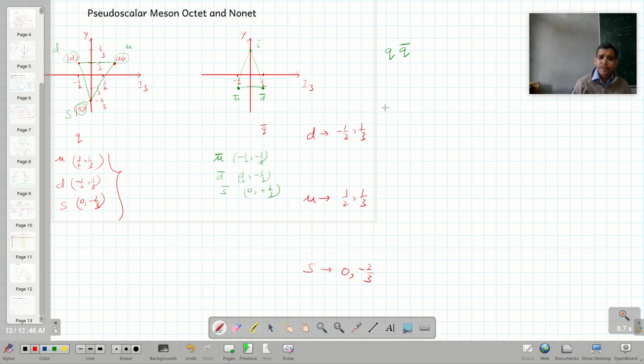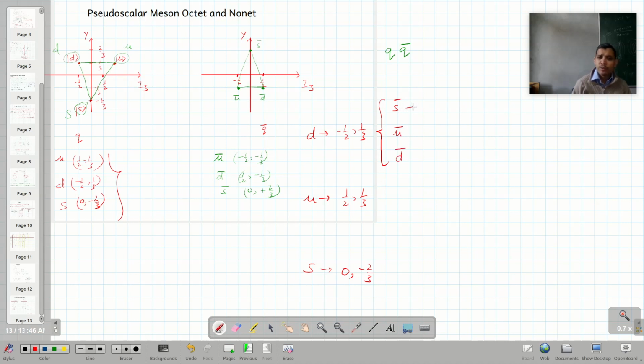Now for q prime, we have to see the effect of this on u, s and d. So let us take S bar, U bar and D bar.